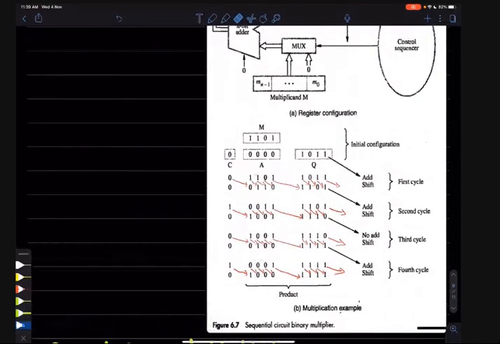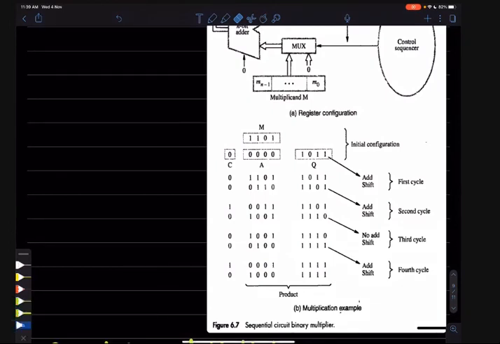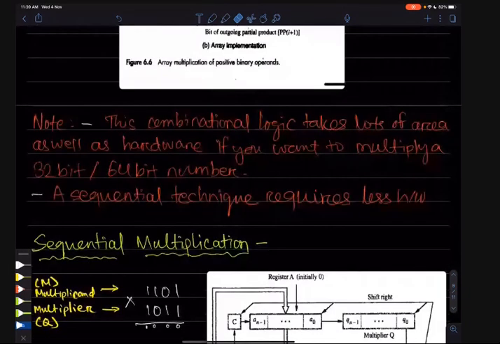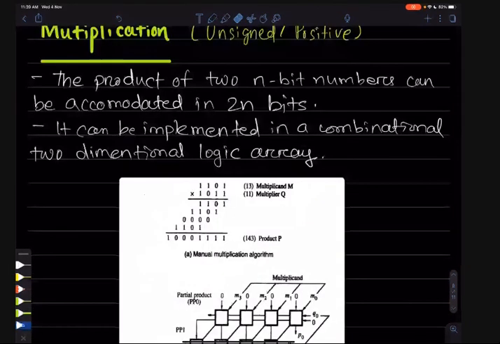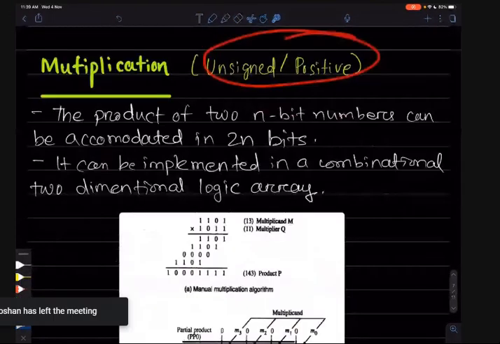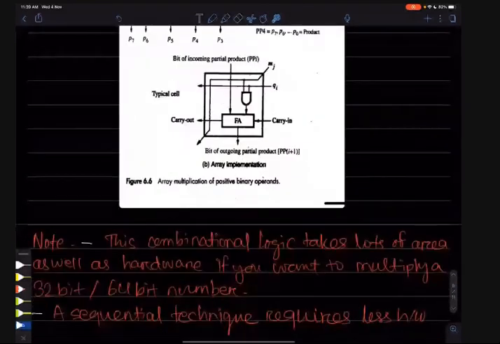After this, this is only for positive numbers. Then there is a multiplication for signed operation, like negative numbers. So this multiplication was for only positive numbers.